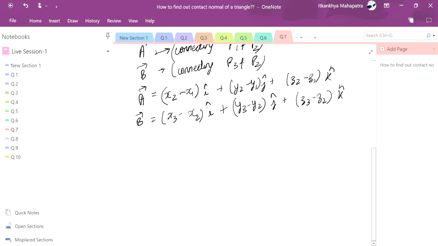Now, as we know, n cap is equal to A cross B by the magnitude of A cross B. N cap is the unit vector in the outward direction.